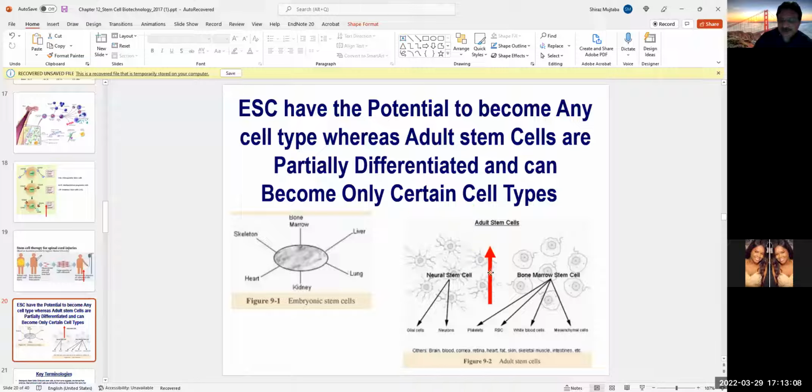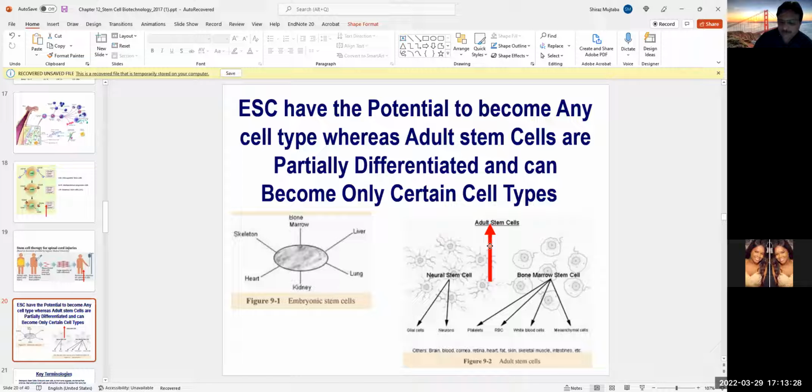So human embryonic stem cells are undifferentiated naive cells, because they're coming from an embryo that has not been exposed to the environment. But adult stem cells are exposed, they're rigid, very difficult to grow in the lab, very difficult to manipulate.